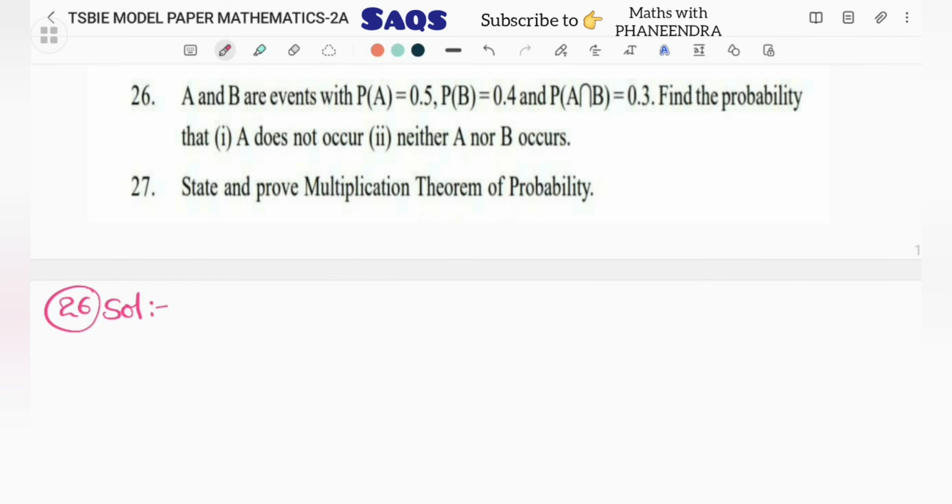Question number 26. A and B are events with P of A equal to 0.5, P of B equal to 0.4, and P of A intersection B equal to 0.3.